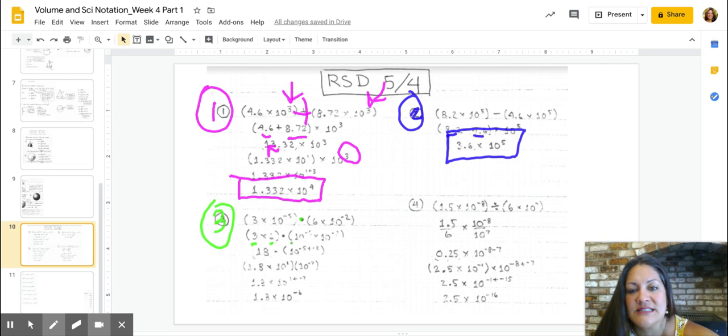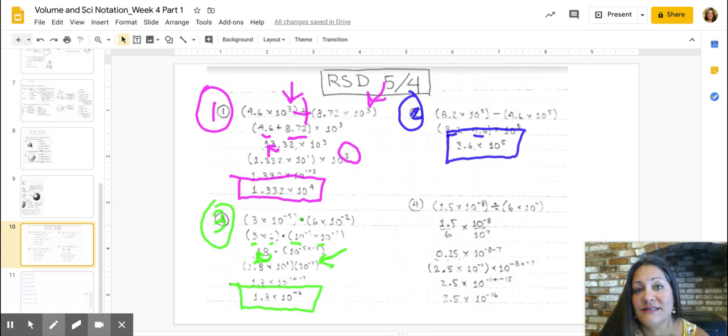And then this is 10 to the negative fifth times 10 to the negative second. That's 18. And up here, we're going to add those together. So you add the opposite. So that's 10 to the negative seventh. You'll see that here. Well, we need to move the decimal over one place. That gives us another plus 1 and gives us an answer of 1.8 times 10 to the negative sixth.